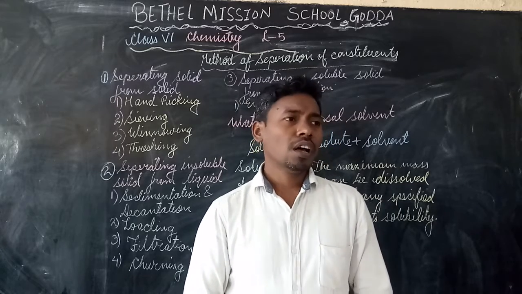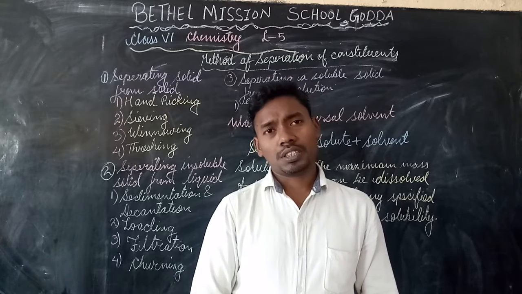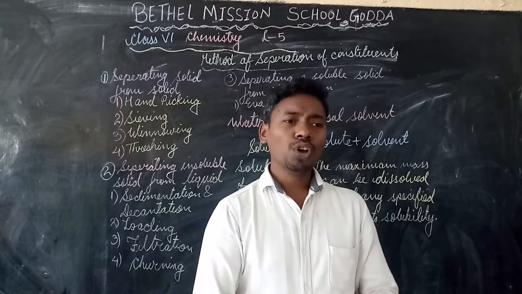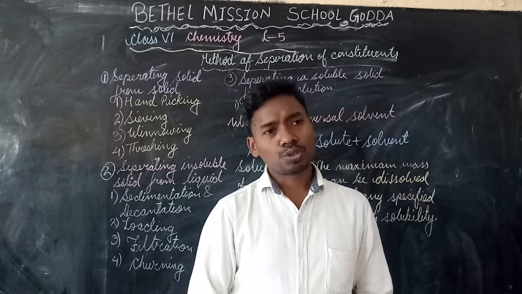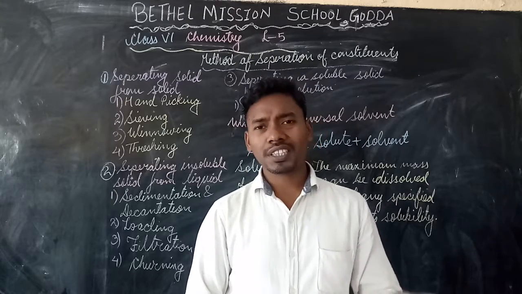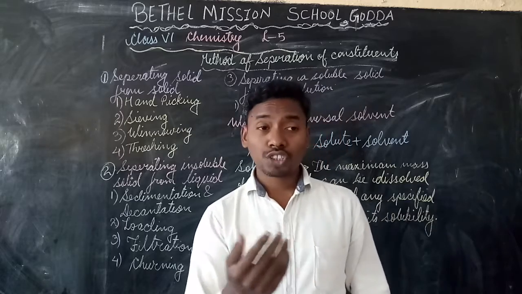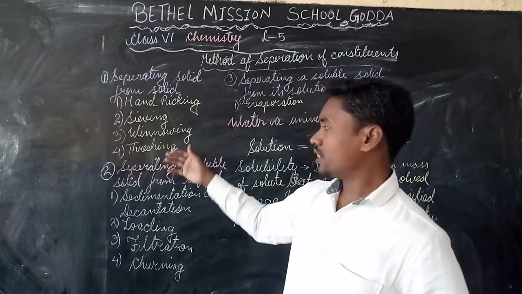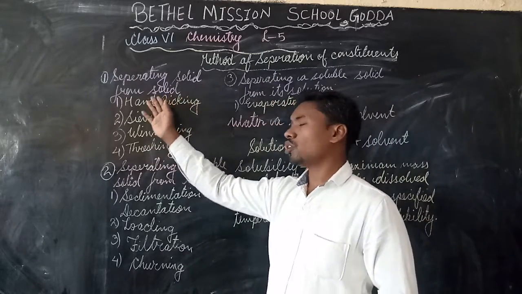For example, after the paddy has been harvested, the paddy plants are struck on a stone. So the hard particles, the grains, get separated from the soft hay. This is called threshing. These are some of the very common methods of separating a solid from a solid mixture.